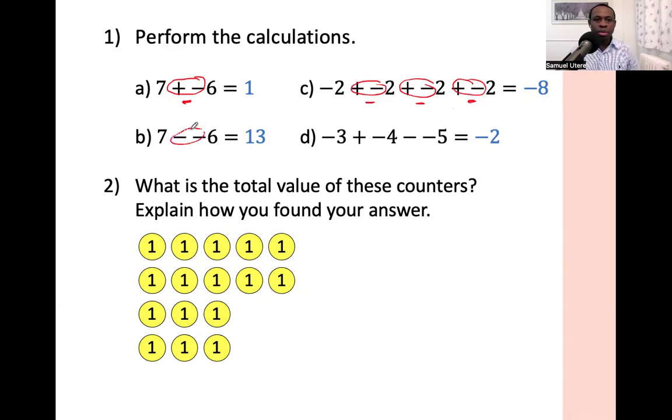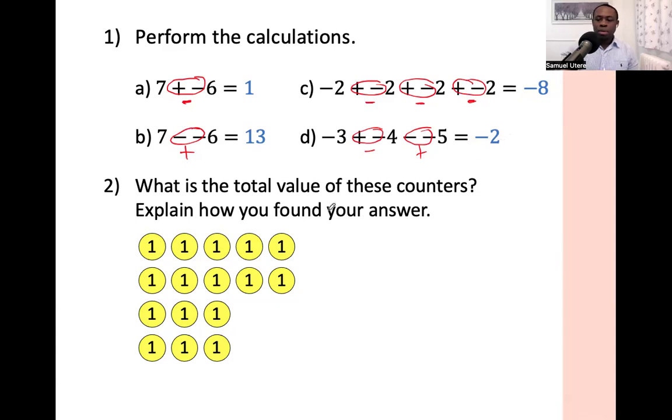These two are positive. So negative next to negative, so they're invisibly multiplying each other, is positive. So that's 7 add 6, 13. These two are negatives. These two are positive. So this is like saying negative 3 subtract 4 is negative 7, add 5 is negative 2.